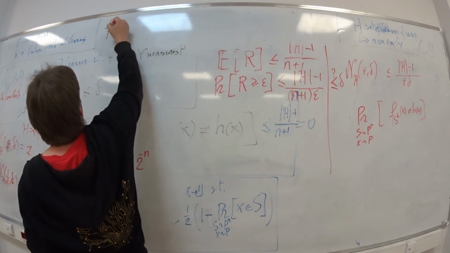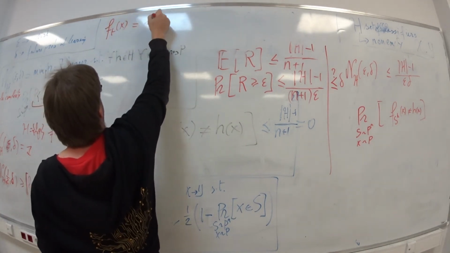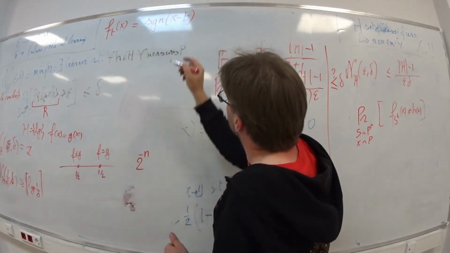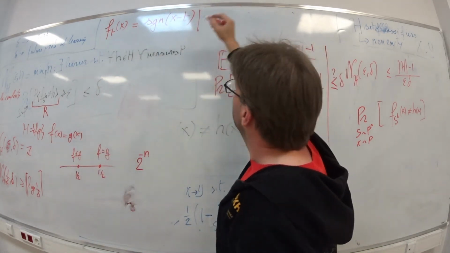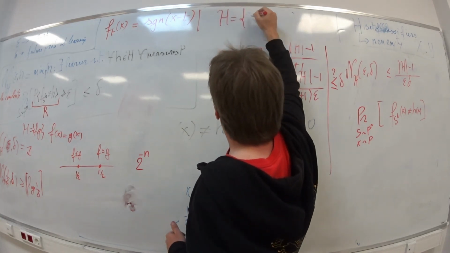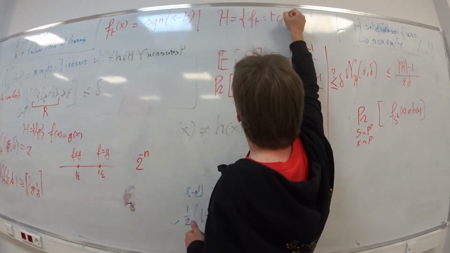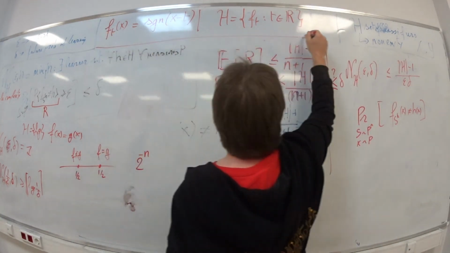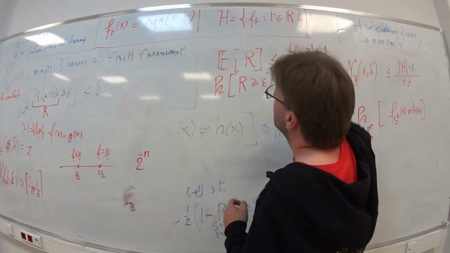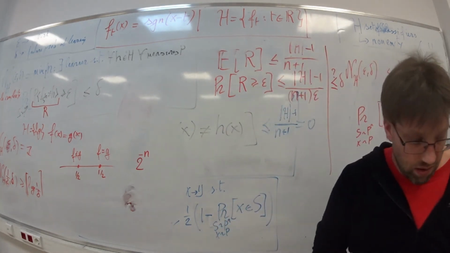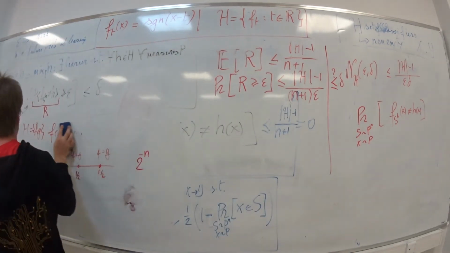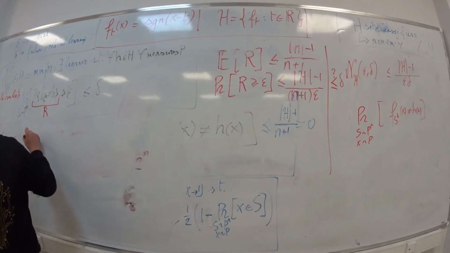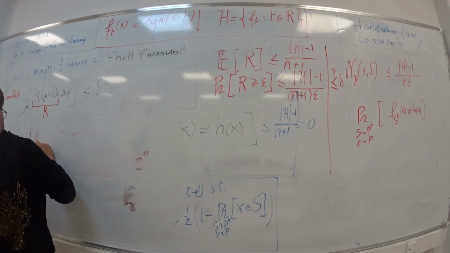Let us define f_t of x equal to the sign of x minus t. And then H is equal to the set of all f_t for t in R. And then the bound for sample complexity that we will prove is 1 over epsilon times ln 1 over delta.